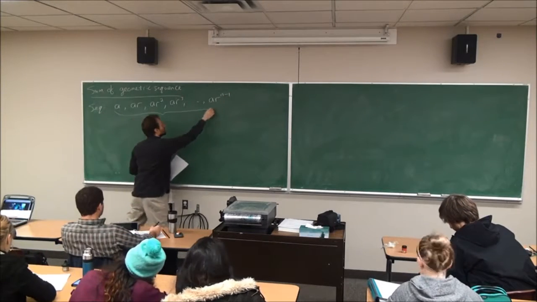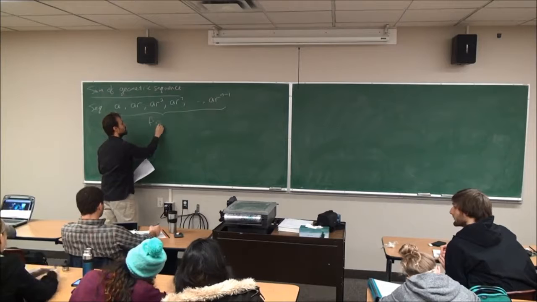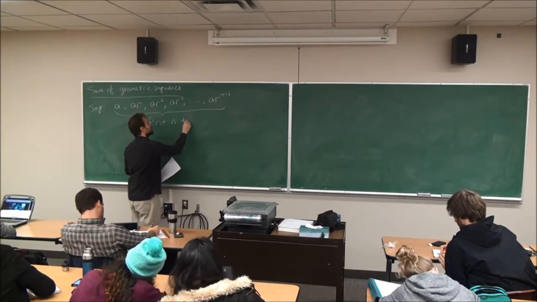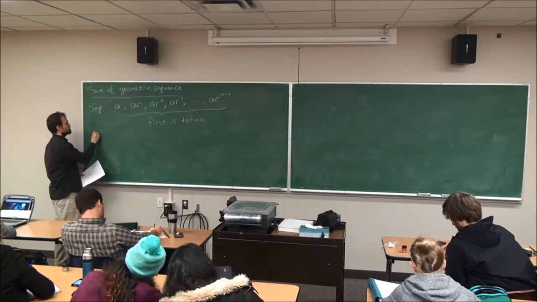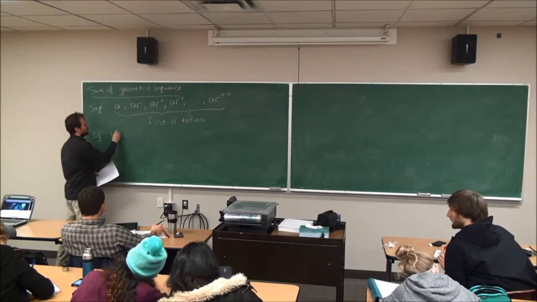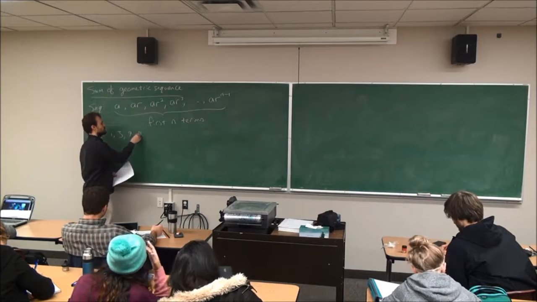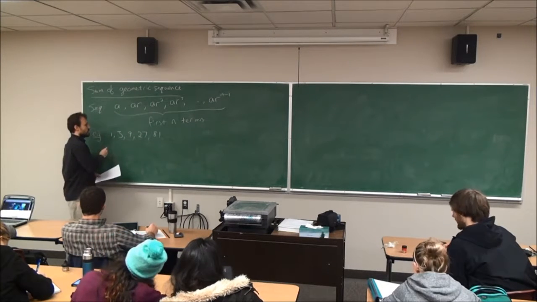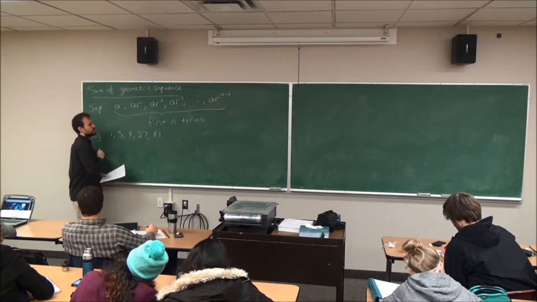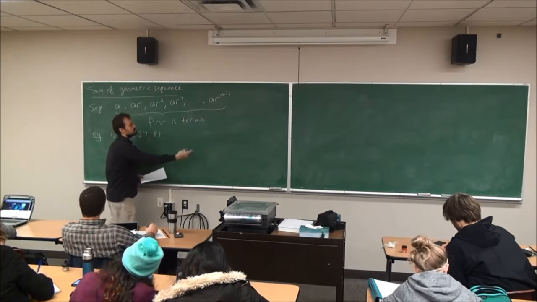So this is the first n terms in my sequence. For example, 1, 3, 9, 27, 81, and so on. If I want to add these up, how do I do that without listing them all?